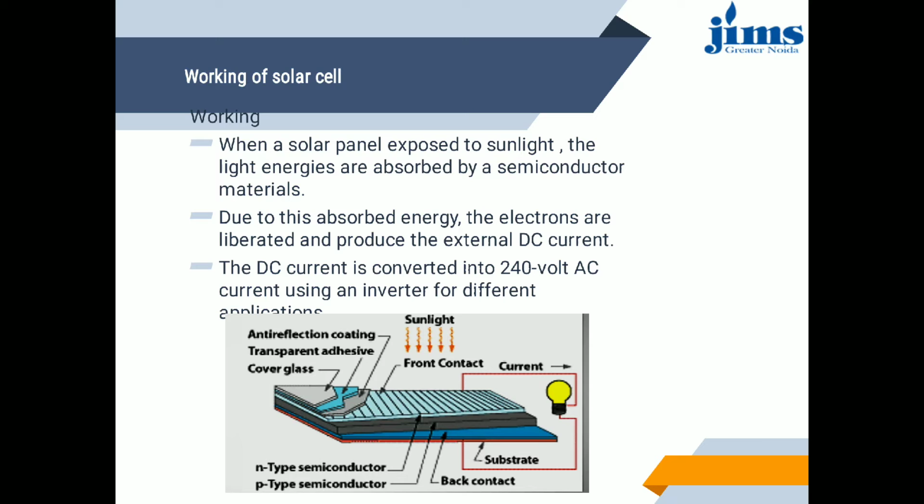An electrical field is created near the top surface of the cell where these two materials are in contact, called the PN junction. When the sunlight strikes the surface of a photovoltaic cell, this electrical field provides momentum and direction to light stimulated electrons, resulting in a flow of current when the solar cell is connected to an electrical load.